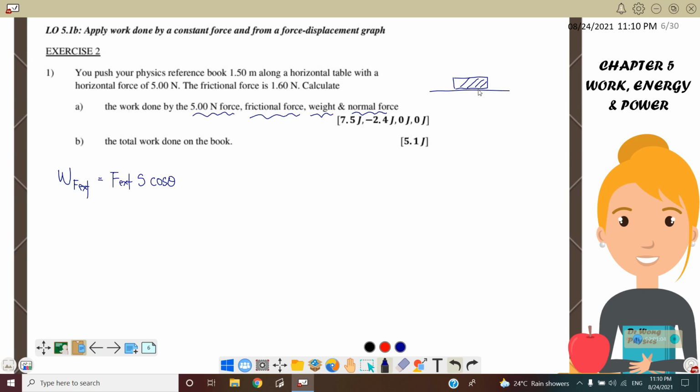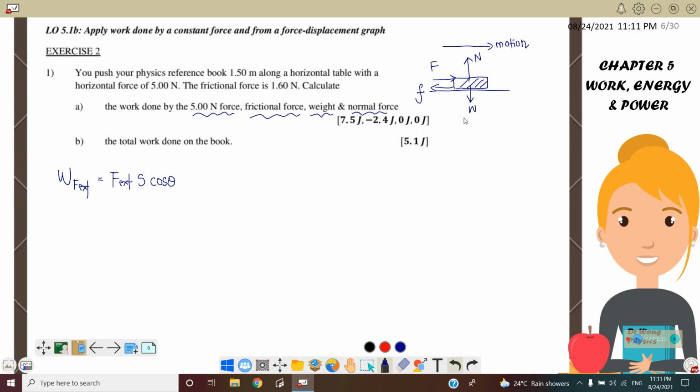This book actually experiences 4 forces, where the first one is the weight, the normal force, and there is a pushing force to the right, and because the motion is to the right, the frictional force is in the opposite direction, so it will act to the left. So we have 4 forces.